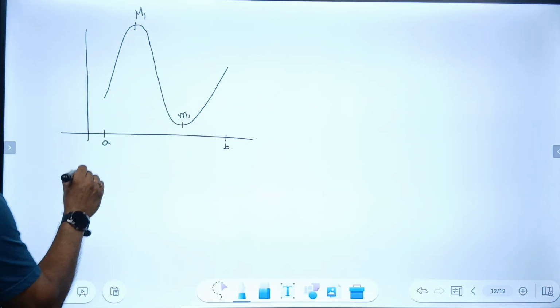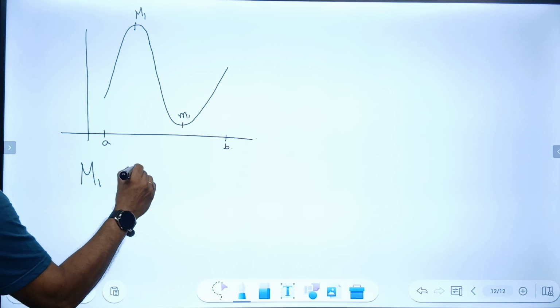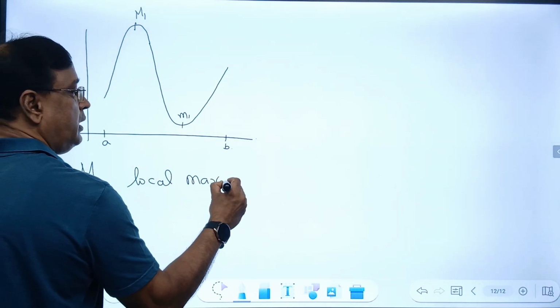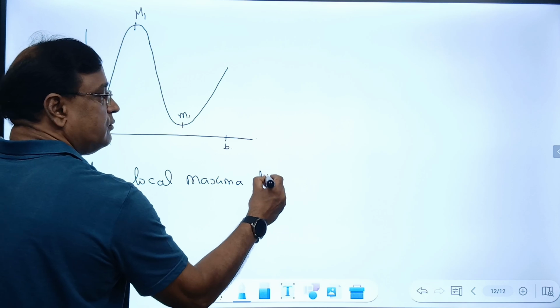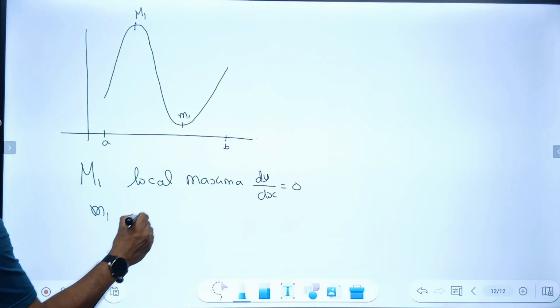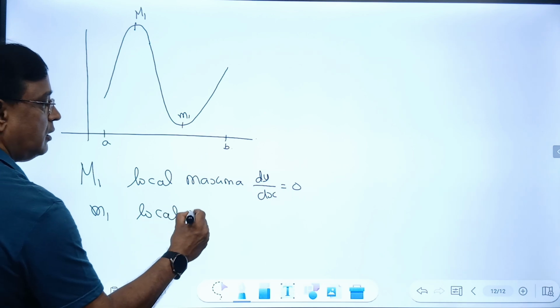So, what is capital M1? Capital M1 is local maxima. Why? This is where your dy by dx will be 0, correct? And what is small m1? It is your local minima.